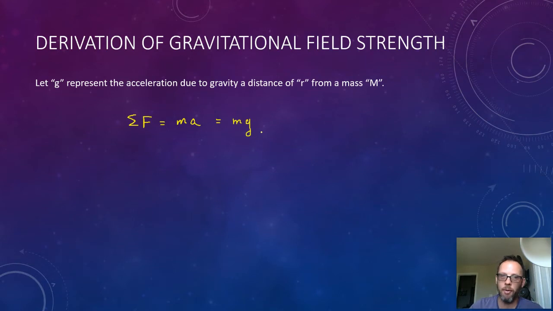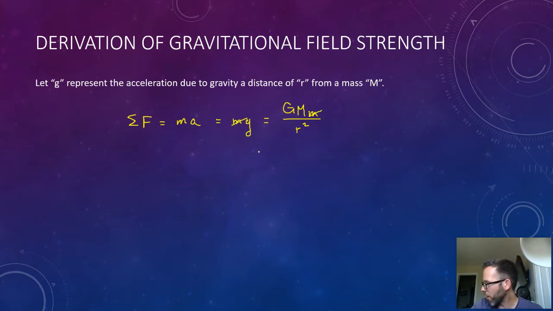So g is acceleration due to gravity, and we actually know this force now, right? This gravitational force, Newton's law of gravitation, is G big M little m all over r squared. And what you'll notice is, if we look at the two sides of this equation, each has a little m.